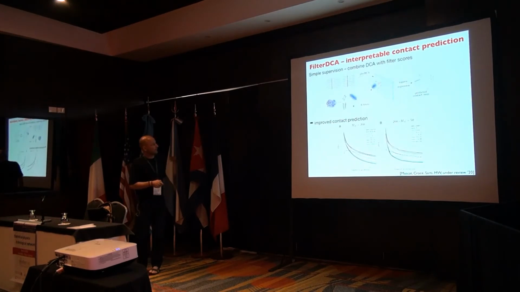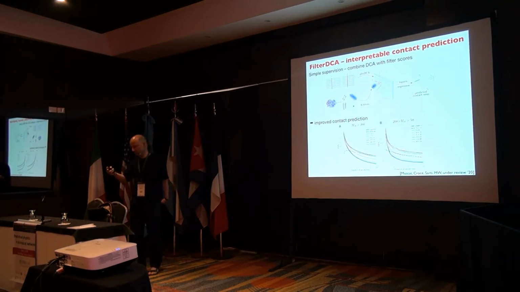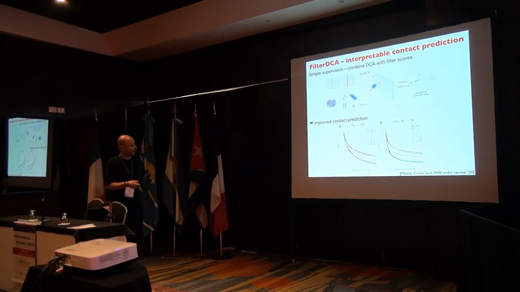So you can do your DCA stuff. You can use these filters which come from structures. You can combine the score and the filters with some very simple logistic regression. So something which is very, very interpretable. For sure not the most powerful, but very interpretable.